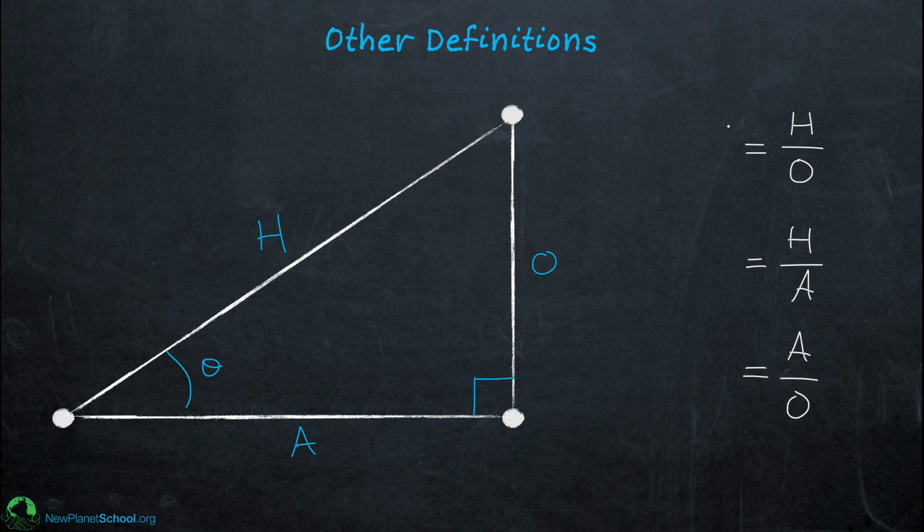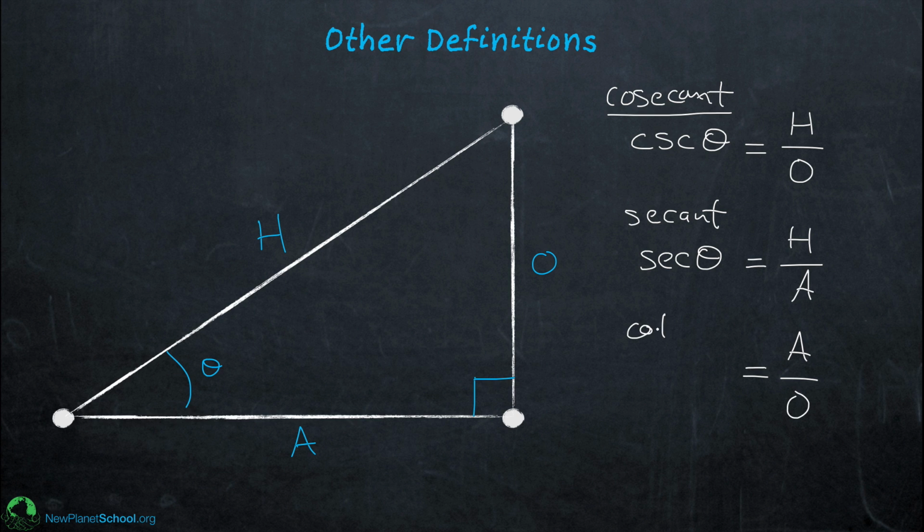And this first one right here is called cosecant, and it is abbreviated CSC of theta. So you can use that if you wish. This one is just called the secant, abbreviated SEC. And then there's the cotangent, which is COT of theta.